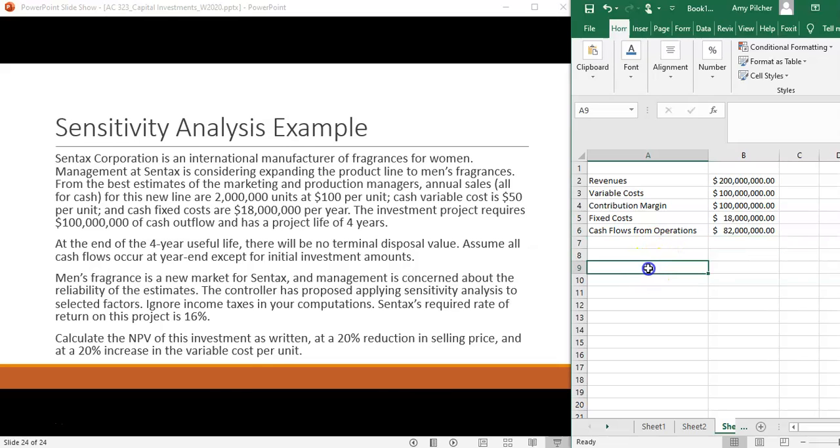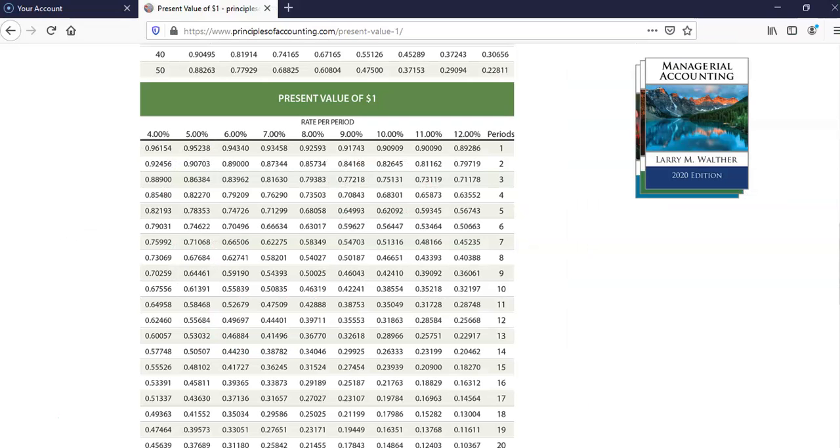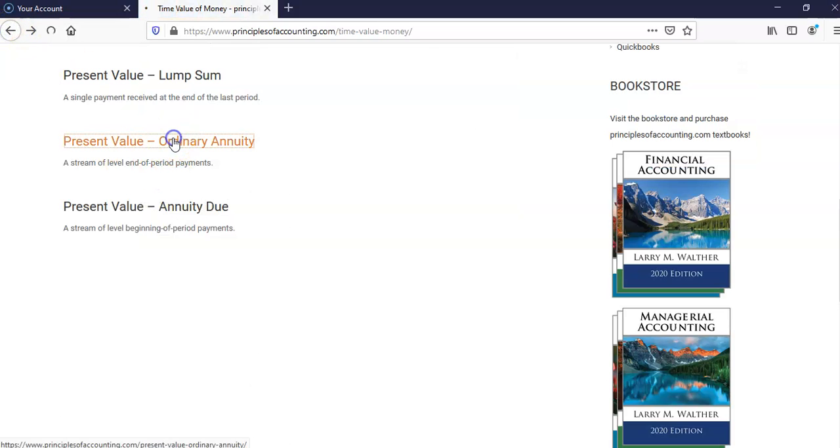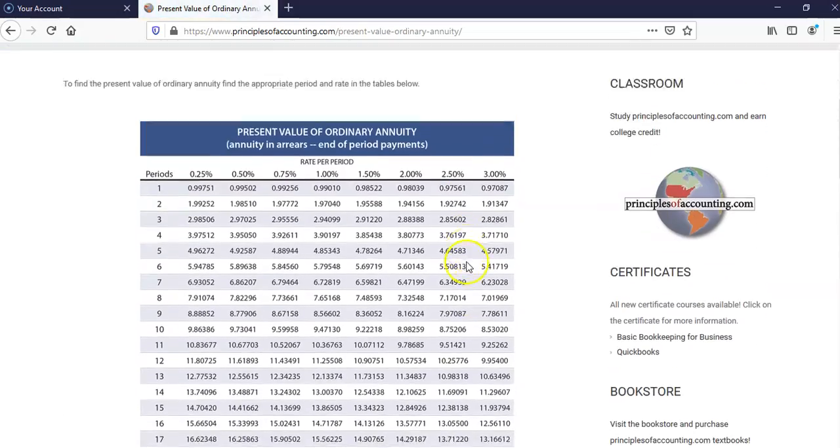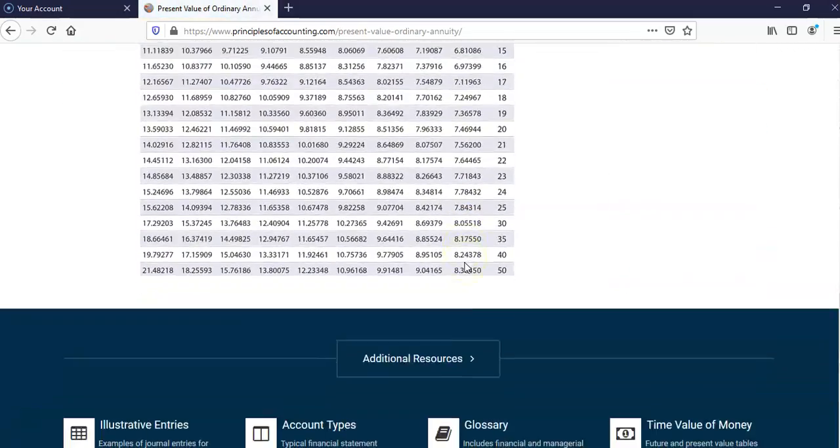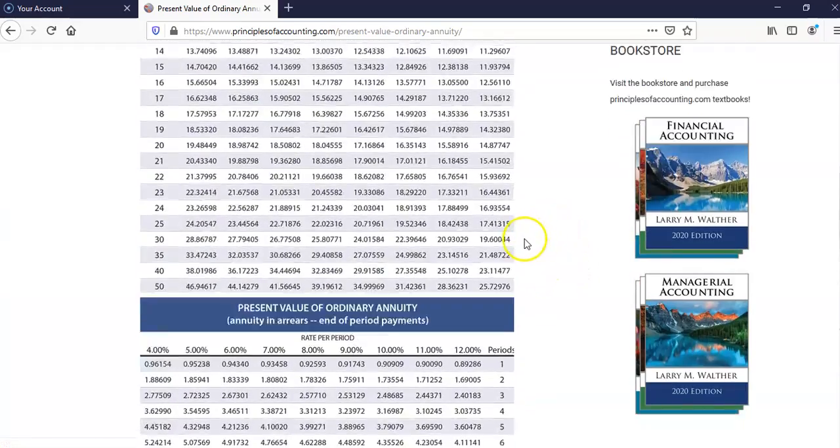Now we need to determine what the net present value is of those flows. So we have a 4-year useful life at 16%. We're going to go back to our tables. In this case, we need an ordinary annuity, that end of year. We're going to find 16%.